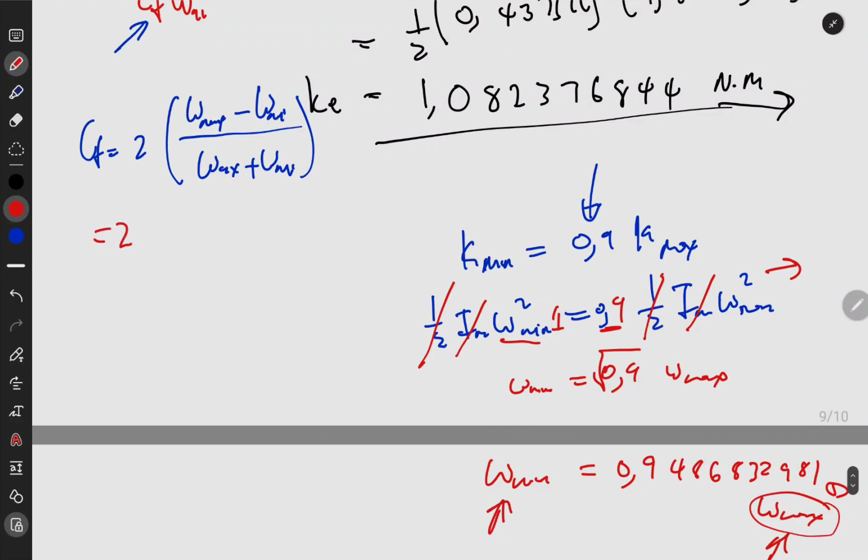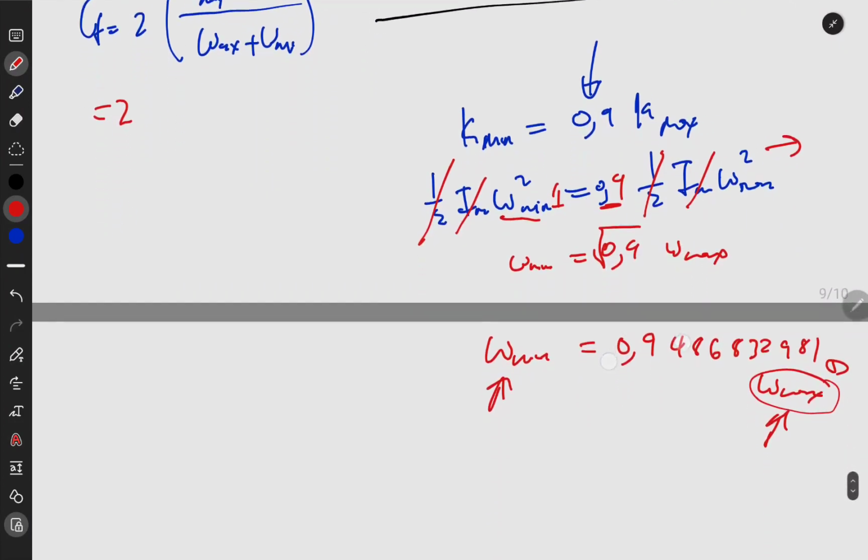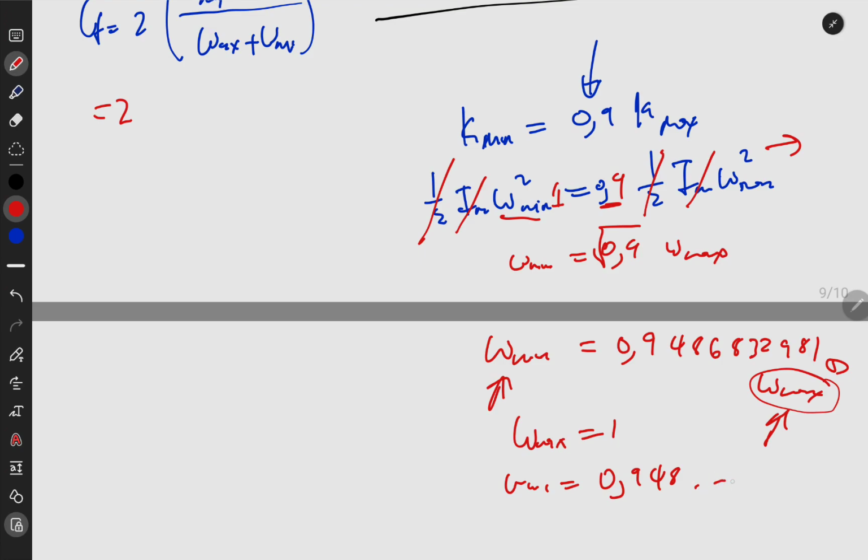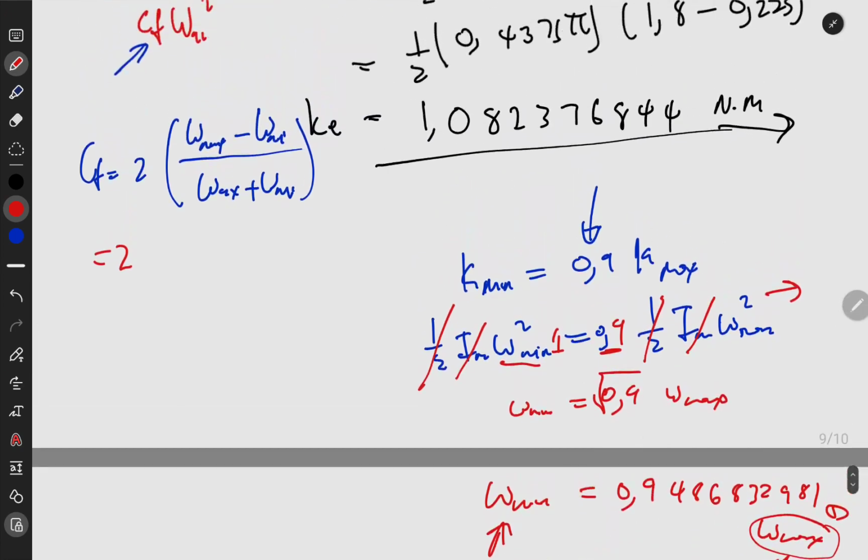So what if my omega max is 1? If omega max is equal to 1, then omega mean is going to be whatever the coefficient here is, 0.948 and so on. I'm doing proportion, no actual numbers.